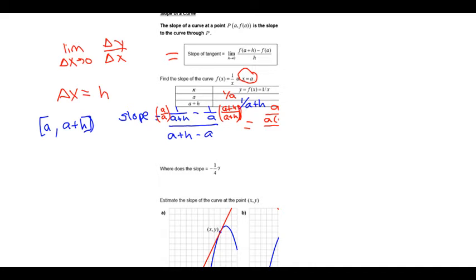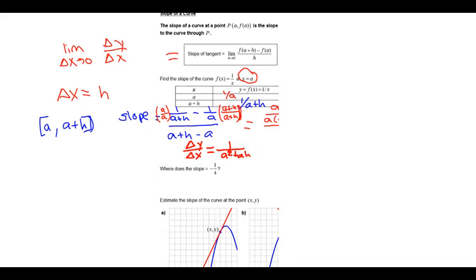Which then simplifies to being negative h over a squared plus ah all over h, which finally simplifies to being negative 1 over a squared plus ah. So this is equal to our delta y over delta x, which was the slope of our secant line.